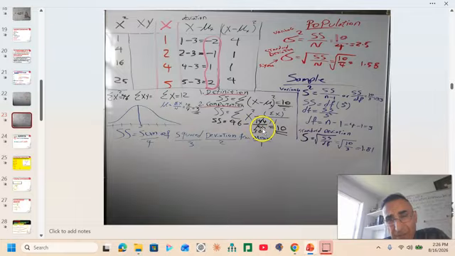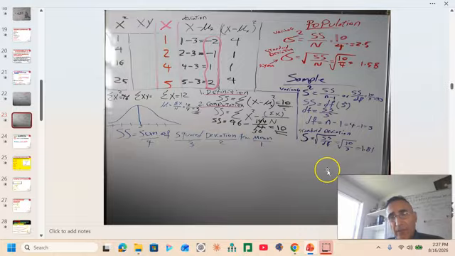The square of 12 is 144, divided by n, which is 4, gives 36. And then 46 minus 36 is 10. Either way, your SS is 10. And once you've got the SS, you're home free.